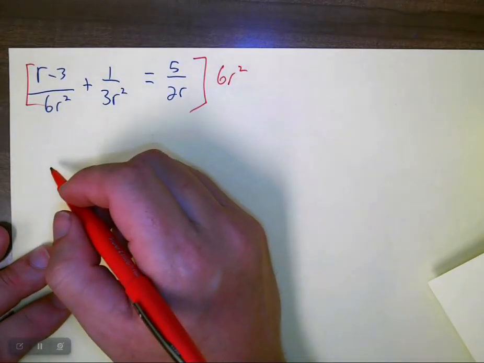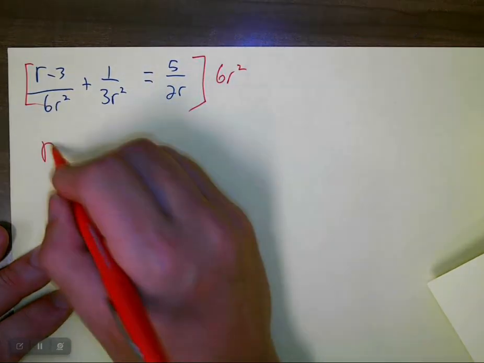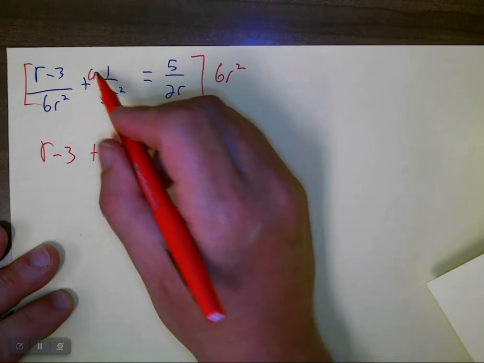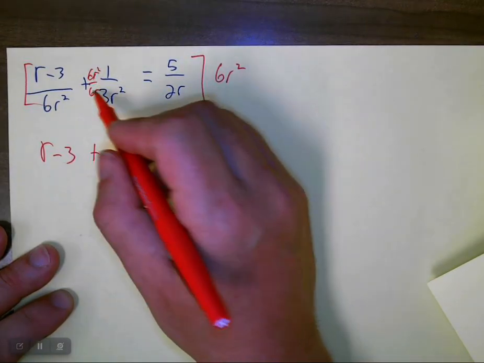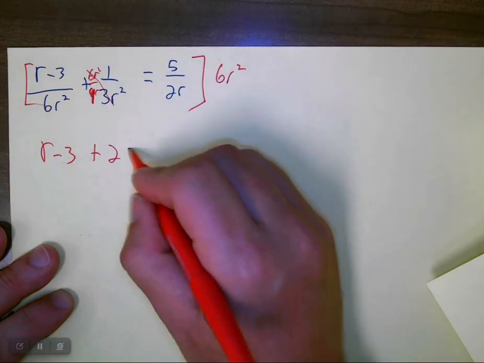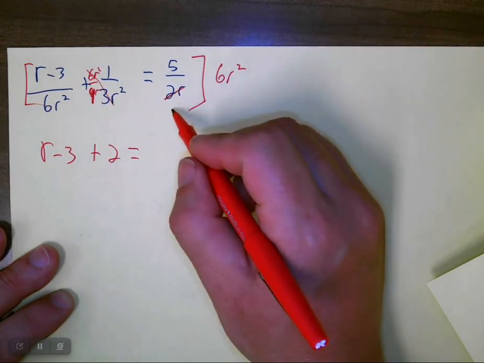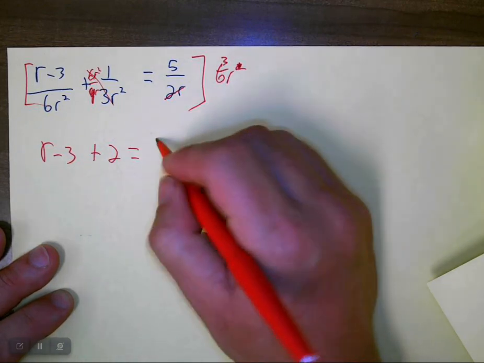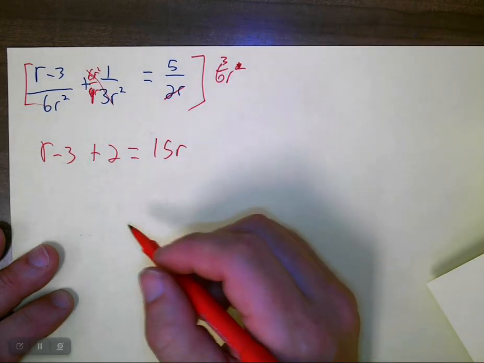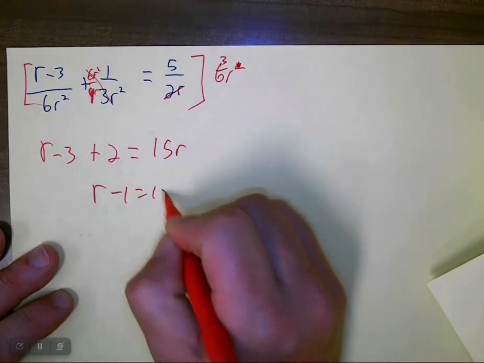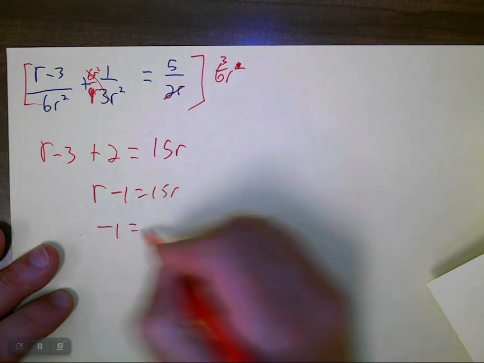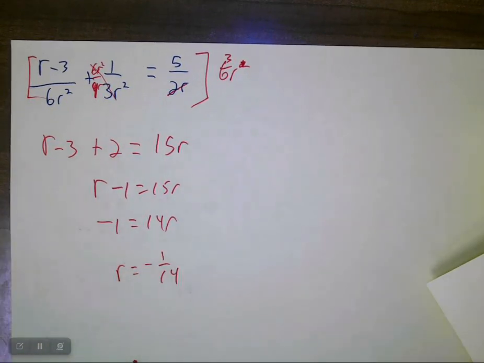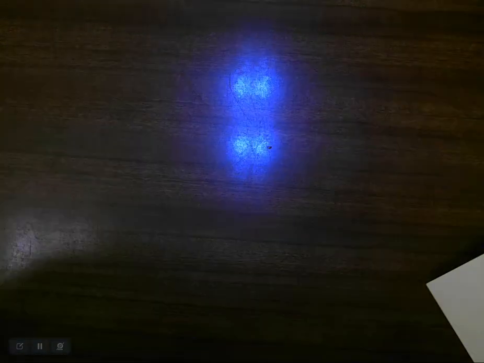On the left, you get r minus 3 plus 6r squared over 3r squared, that's 2, plus 2 equals, and on the right 6r squared over 2r is 3r, so 15r. Then you combine your like terms: r minus 1 equals 15r, negative 1 equals 14r, r equals negative 1 over 14. That's not a tough one. That's not even anything to sweat about.